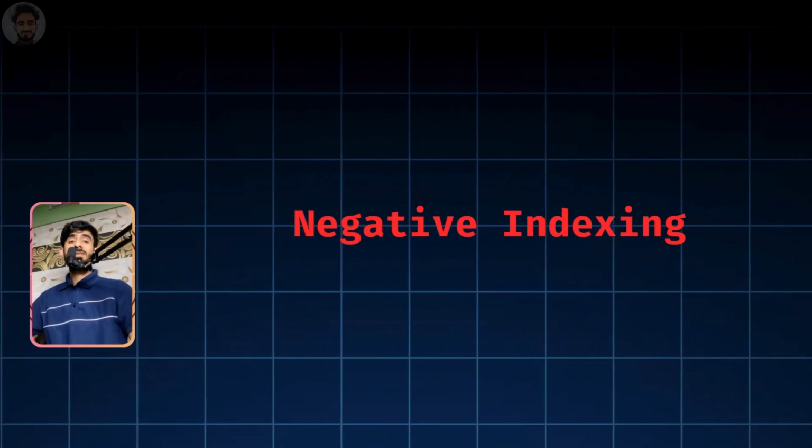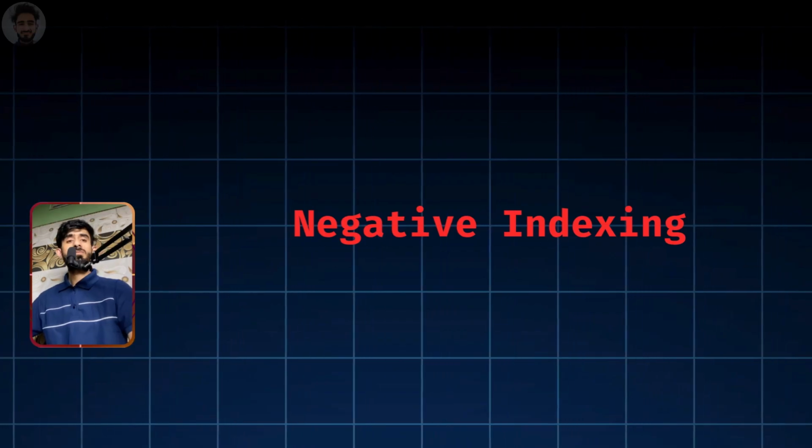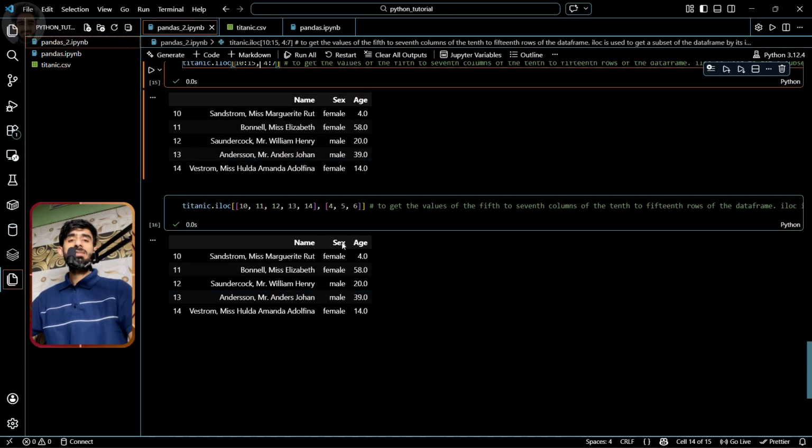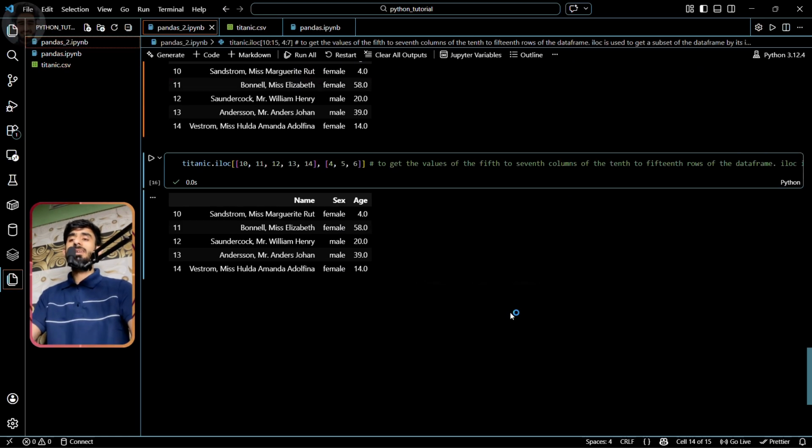What if I want the data from the last rows? Yeah, I can do that easily with negative indexing. Negative indexing starts counting backwards from the last, like last one, second last, third last, and so on. So you don't have to feed the exact indexes to get the last rows.